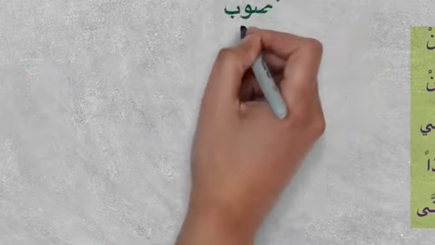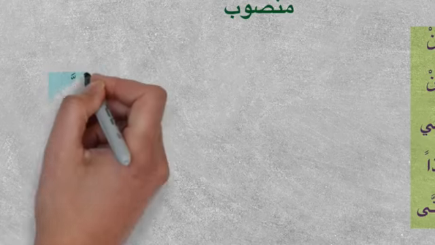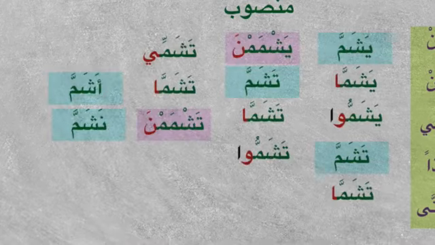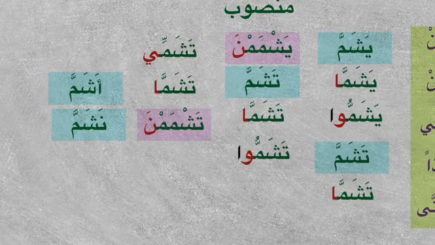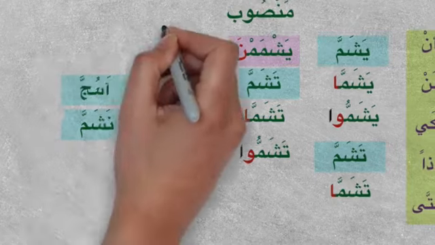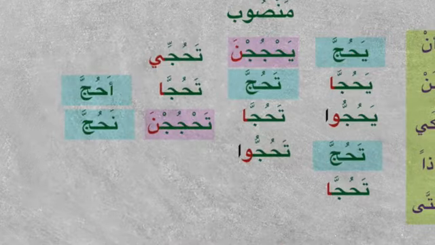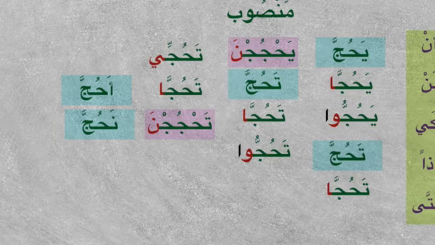So same thing, if you bring mansoob, there will be no change because the dhamma is changed to fatha. So what happens, it will still look the same, but we know when a particle comes that this is majzoom and which is mansoob. So it will be again yashamma, yashamma, yashammu, tashamma, yashmamna. So again hajja will be yahjujna.